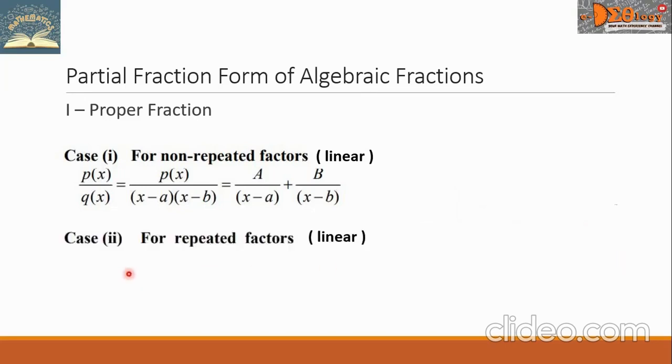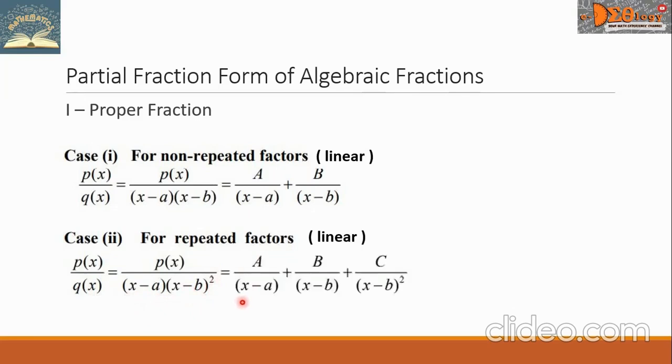Let's go to case 2 for repeated factors which are linear. This will be the form. In the general form given here, this is a combination of case 1 and case 2, the repeated factors. Here we can see p of x all over x minus a times the quantity the square of x minus b.